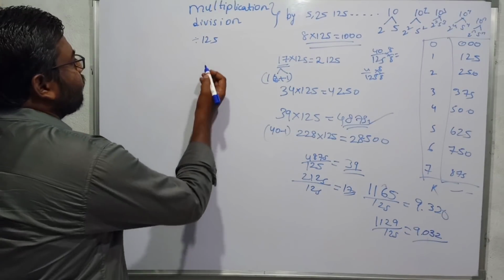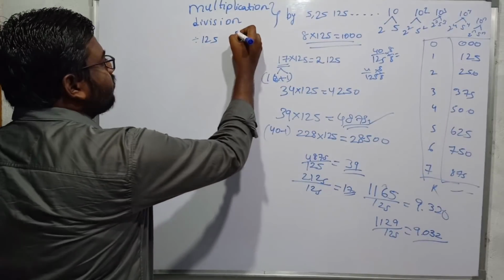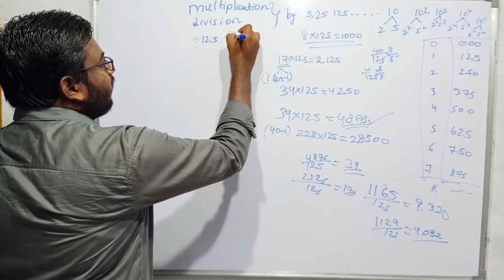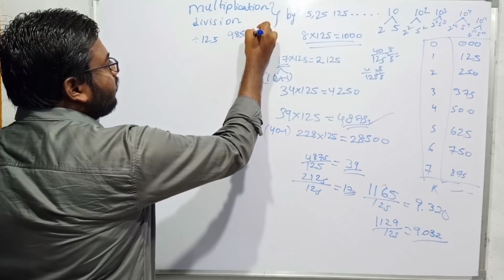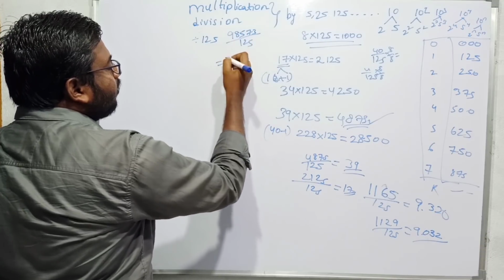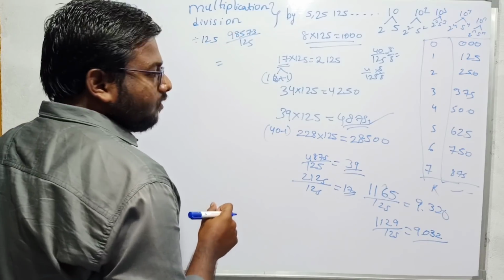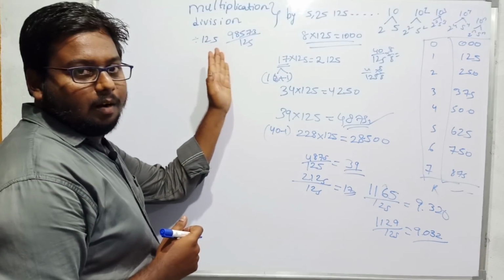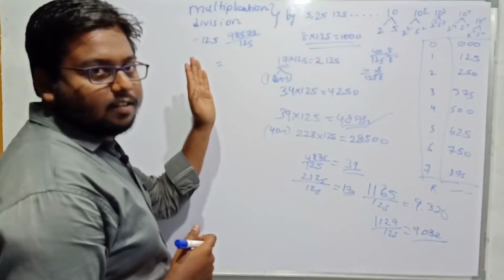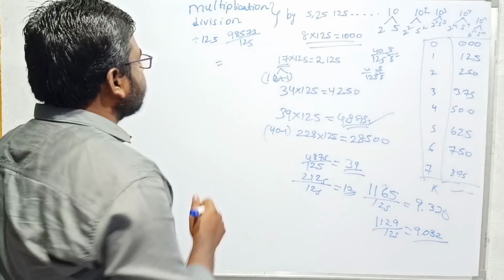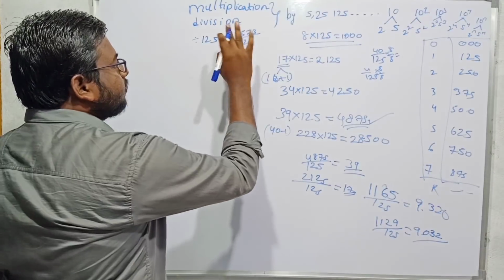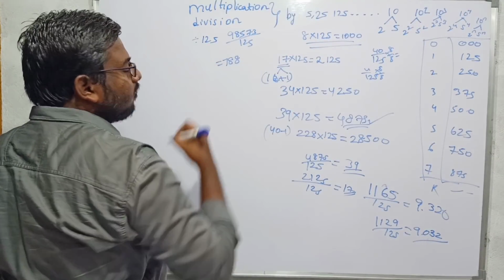For example, if you want to calculate 98573 by 125, you can remove these 3 digits. 98 into 8, like you will split this as 100 minus 2, 800 minus 16, 784. 784 plus this is 4, 788.